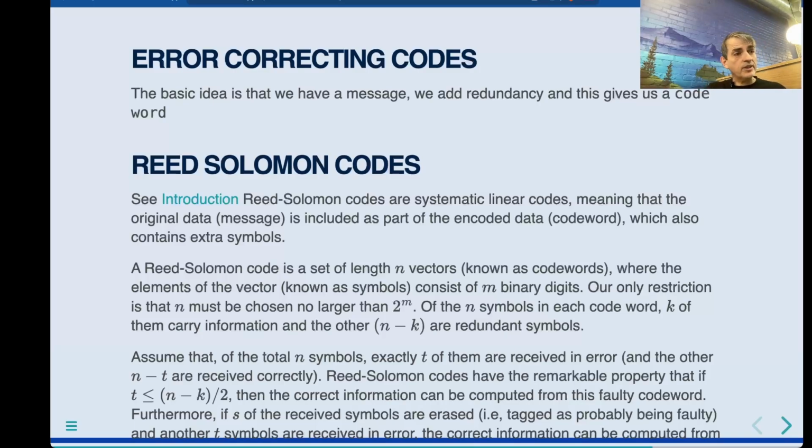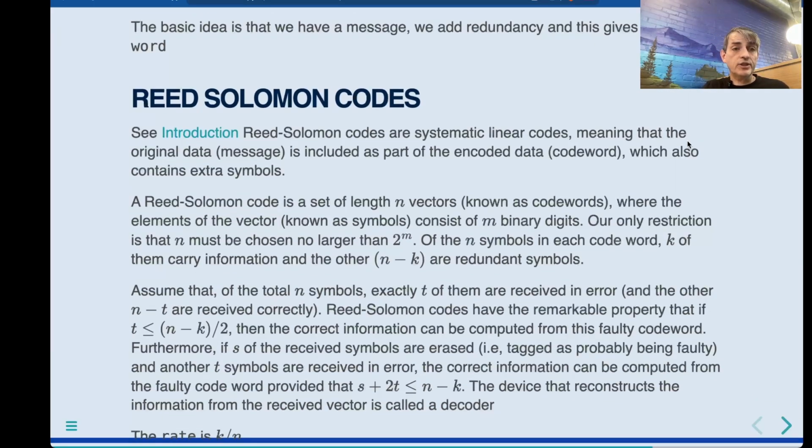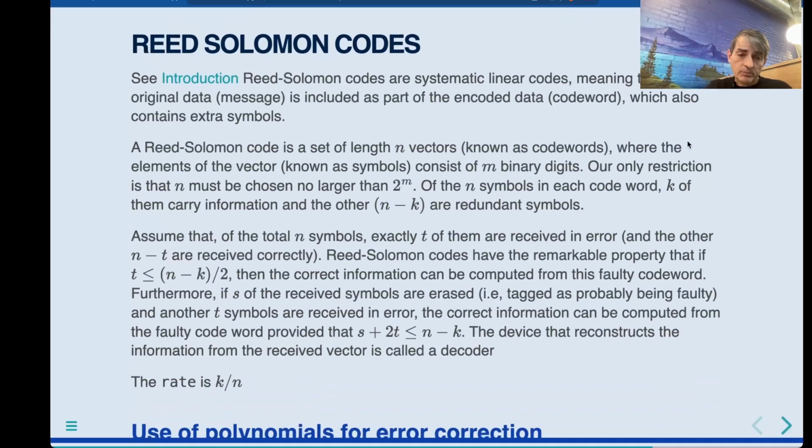A way to get around that is to add redundancy so that the receiver, if he gets a garbled message, can reconstruct the original message because there's redundancy in the message. A particular example of that is the idea of Reed-Solomon codes. There's some details here. I won't go through that, but you can have a look. These are used outside ZK, but they're valuable within zero-knowledge proofs as well.